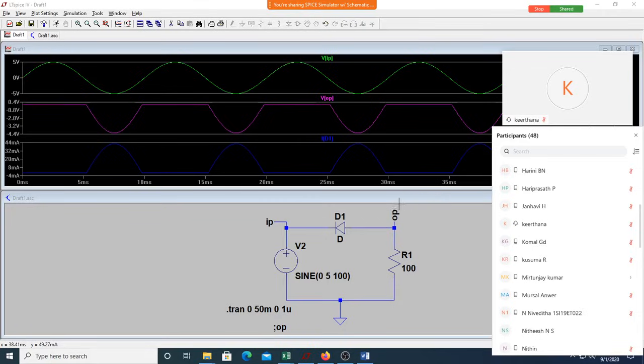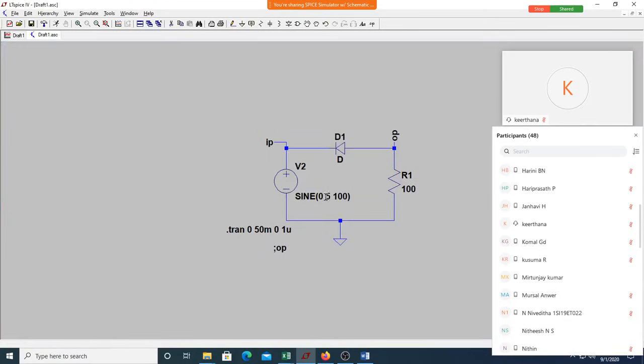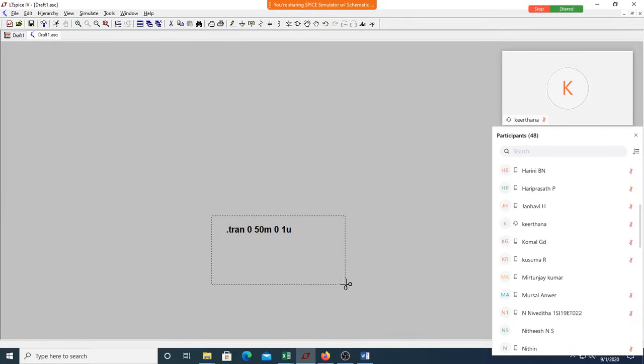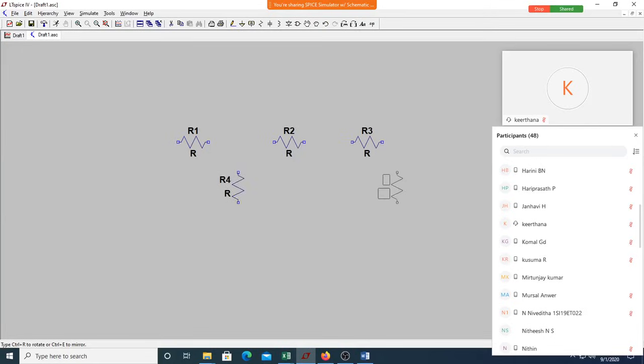We will try to draw the circuit. Let me draw a circuit. I'll just delete this and start from the beginning. Let me rotate this and place it here, one more here, one more here, and then rotate and place it here. This is as easy as I'm doing it here.